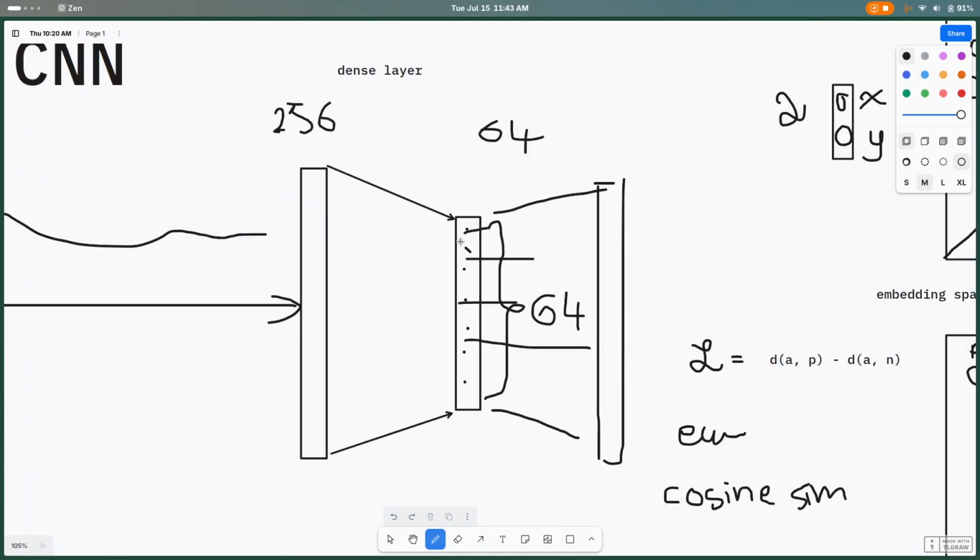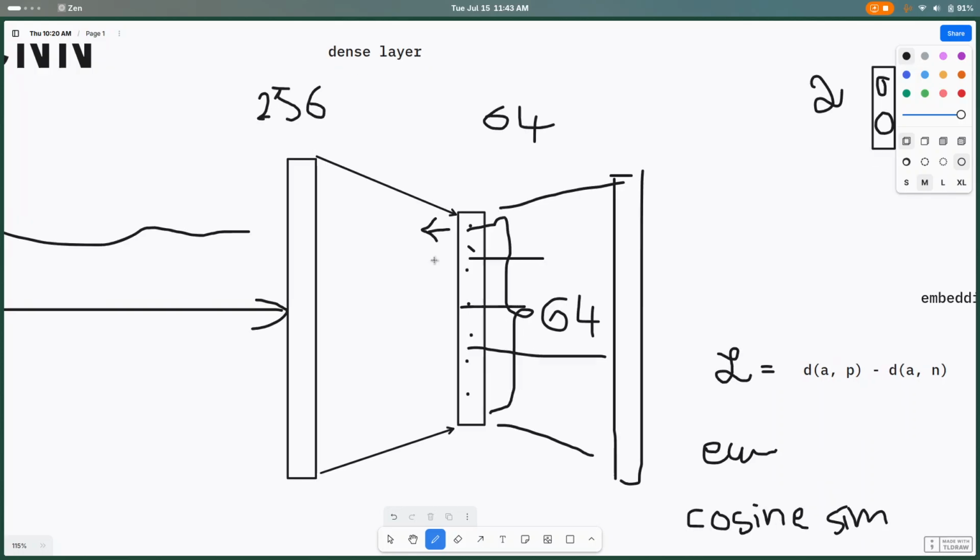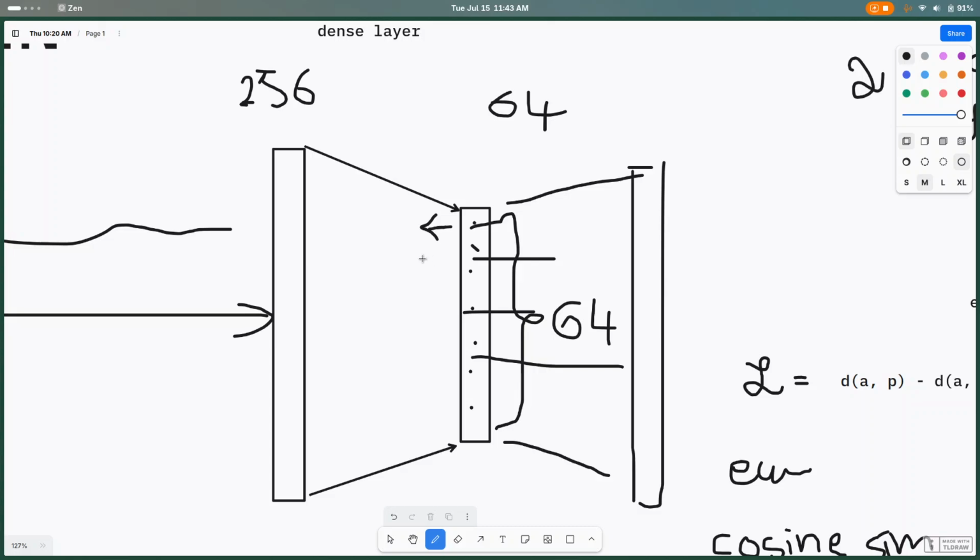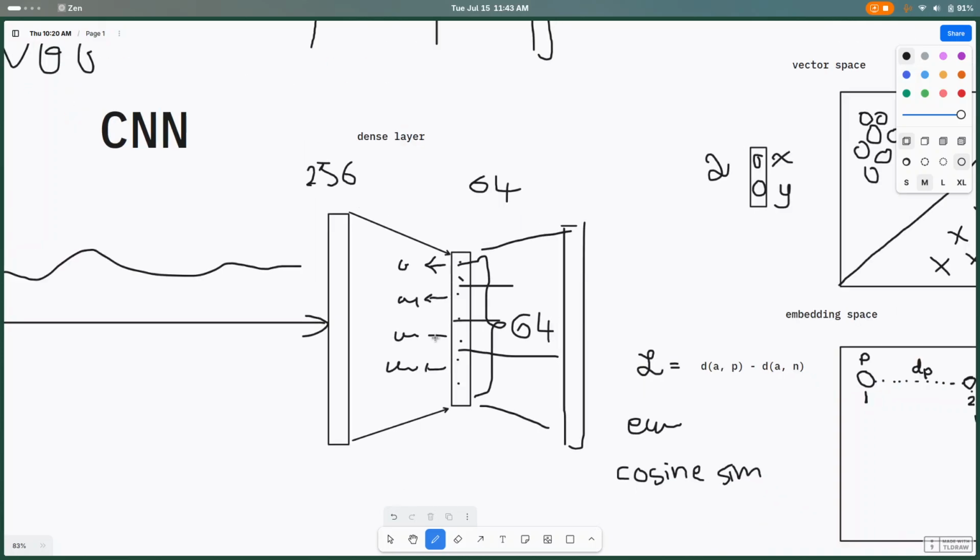But at the end, each of these represents a characteristic of a nose or of both eyes. Each of these points represents how the eyelash is, how the eyebrows are, and so on.